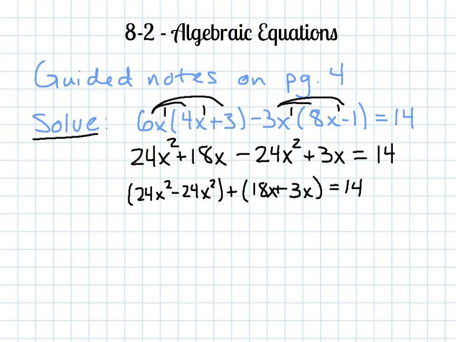Now I can put my like terms together by doing 24x squared minus 24x squared. That turns out to be 0x squared. And then plus 18x plus 3x gives me 21x. Now 0x squared is just 0.